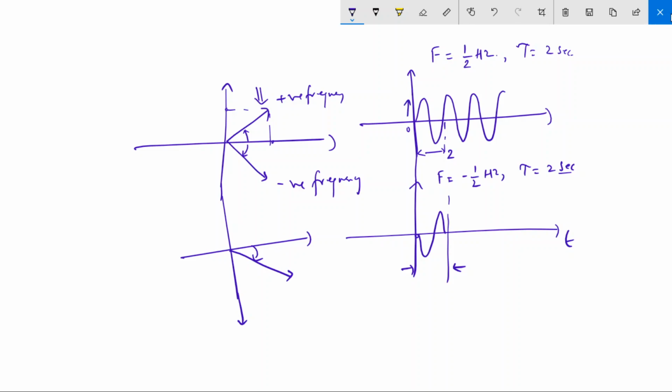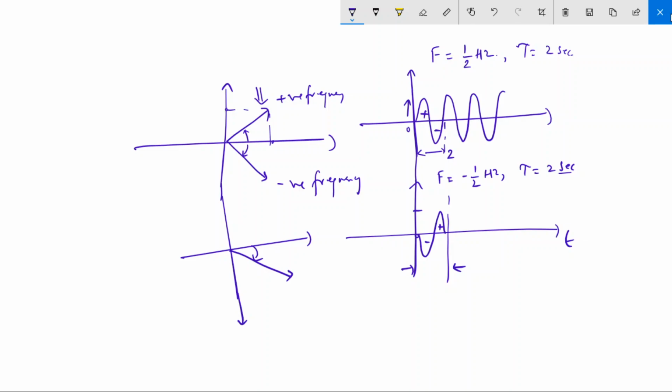Where you get the positive cycle here, at that time you get the negative cycle there. If it is a negative cycle here, at that time you get a positive cycle there. This is what the negative frequency is. The waveform is the same; in fact, there is only a phase shift between these two, and that phase shift is pi.